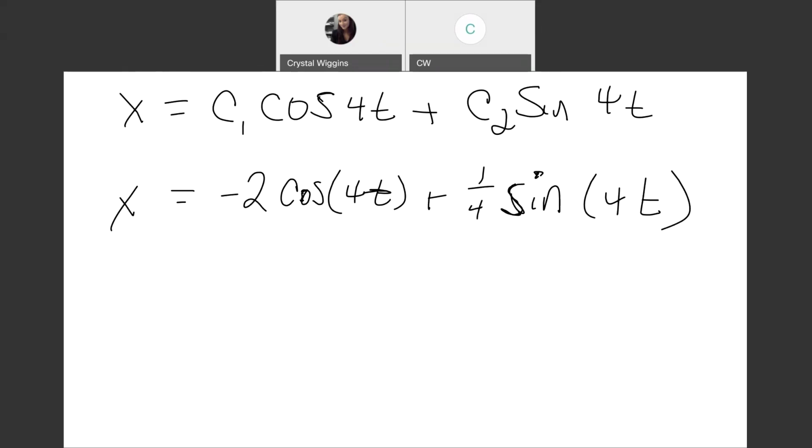The next example that we are going to cover in the PowerPoint, and I'm not going to jump back to the PowerPoint, is that we want to find values of the letter m so that the function y equals e to the mx is a solution of the differential equation 5y prime is equal to 2y.